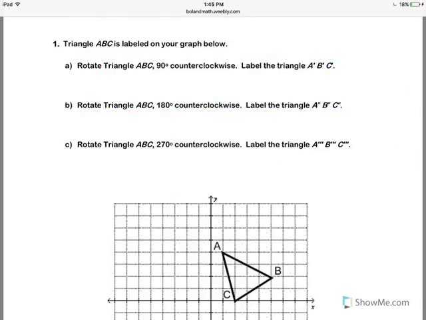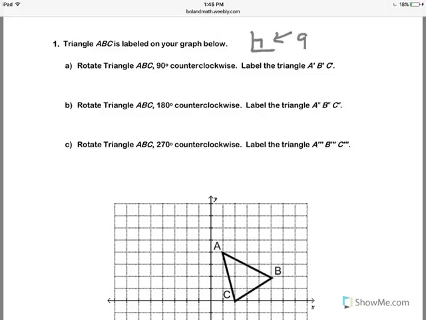Okay, so now we're actually going to look at a figure on the graph that has been plotted out. We're going to take this triangle ABC and rotate ABC 90 degrees counterclockwise. Notice the 90 degrees is basically like an L shape.